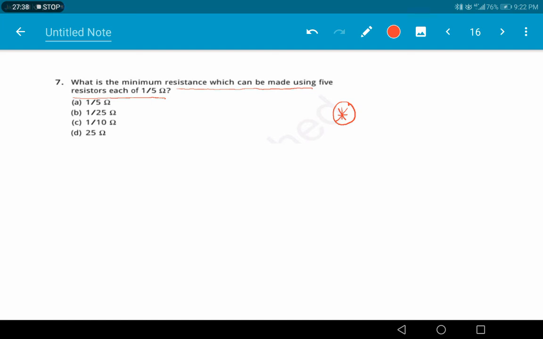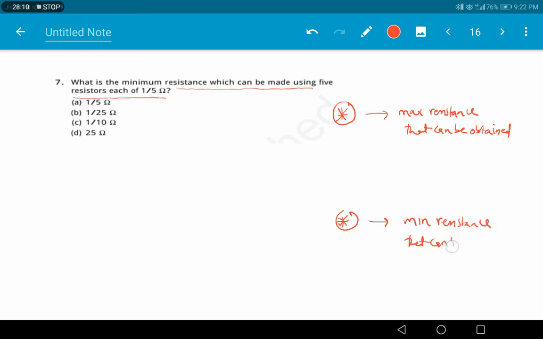When they are asking, by giving a certain number of resistors, for suppose 3 or 4 resistors are given, what is the maximum resistance that can be obtained, in the same way, what is the minimum resistance that can be obtained, okay?